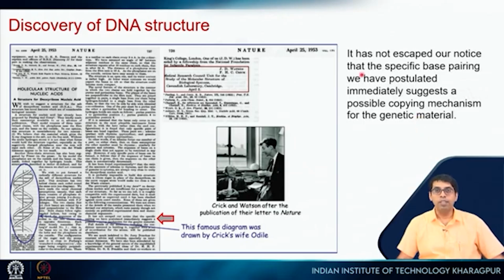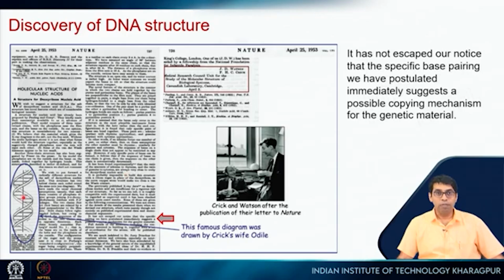So it says that it has not escaped our notice that the specific base pairing in the double helix structure that we have postulated immediately suggests a possible copying mechanism for the genetic material.